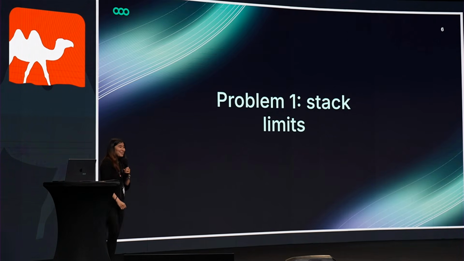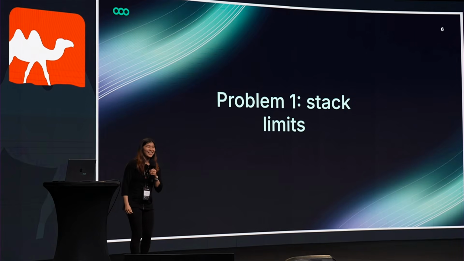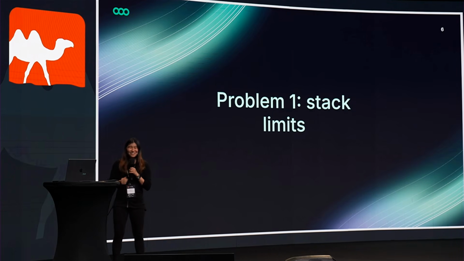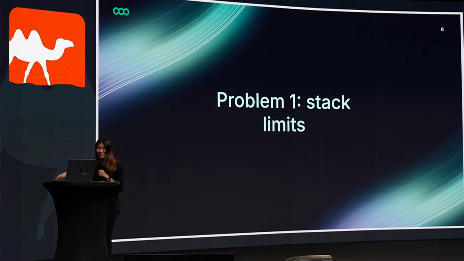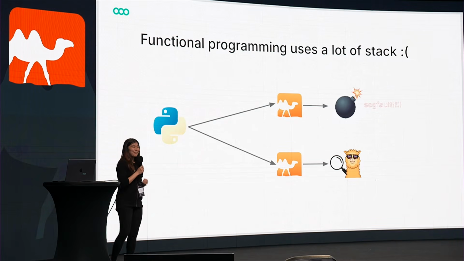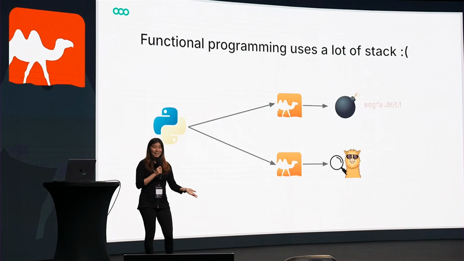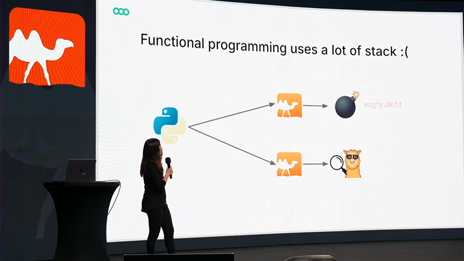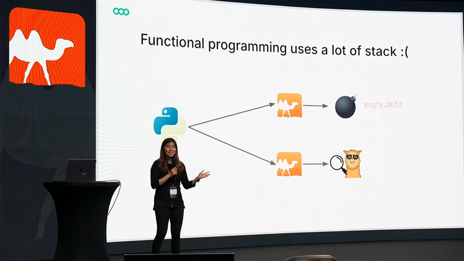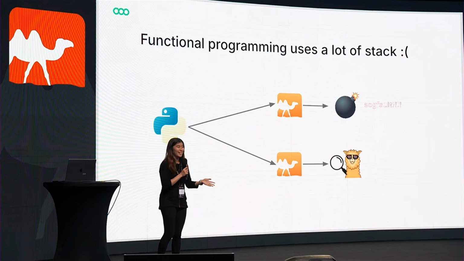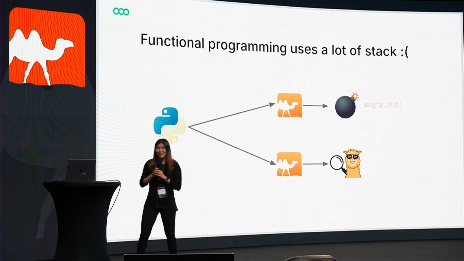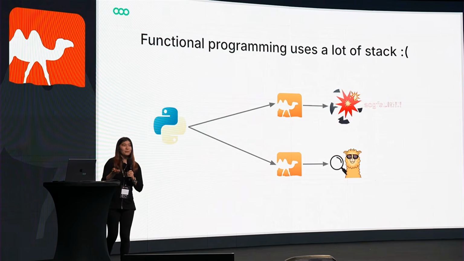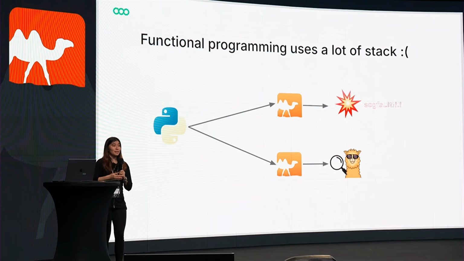So we ran into a number of problems with this interface. I'll talk about three of them. The first one was a very simple one. As you might be aware, functional programming uses a lot of stack. And back in those days, the stack overflows would manifest as seg faults, which was very annoying. To solve this, we would ask users to raise their limit using ulimit.